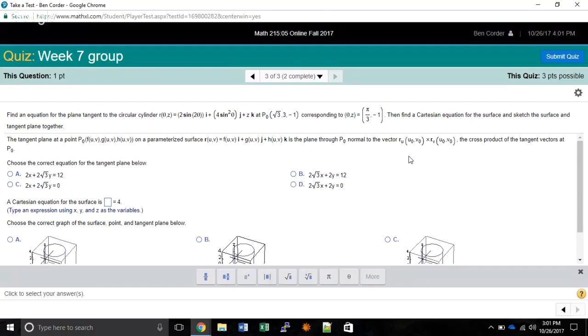Hmm. Or maybe, I don't know. Why is it equal to 4?